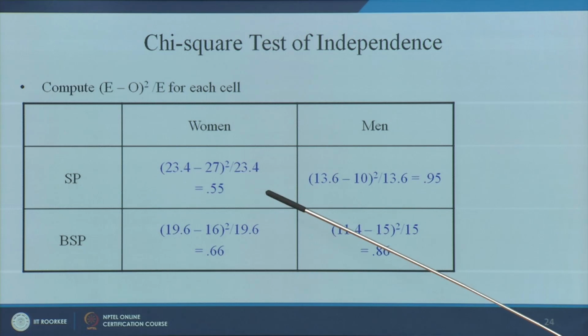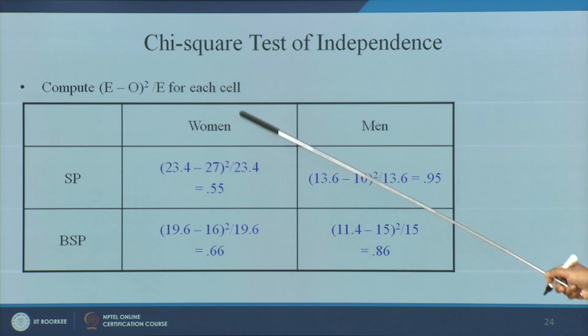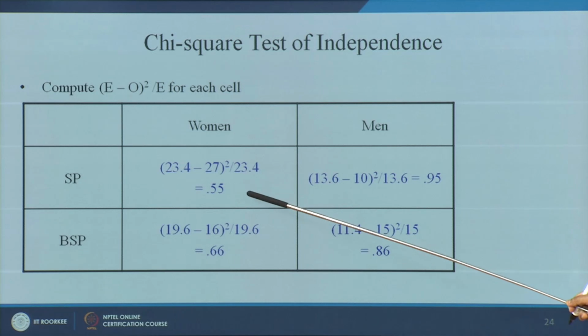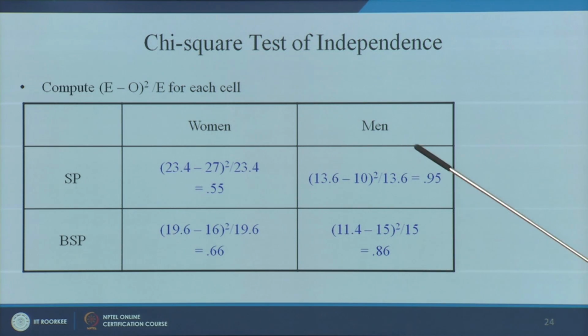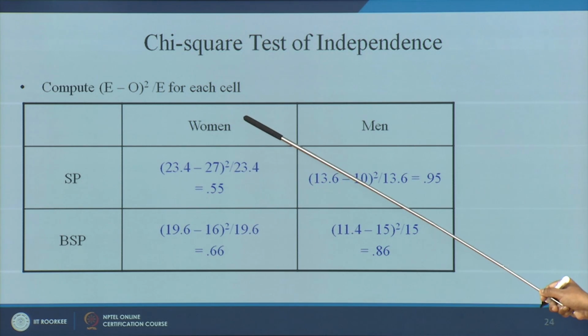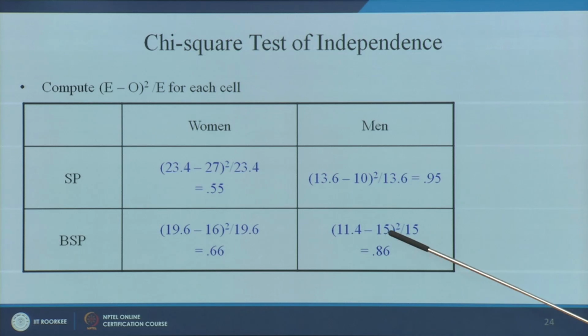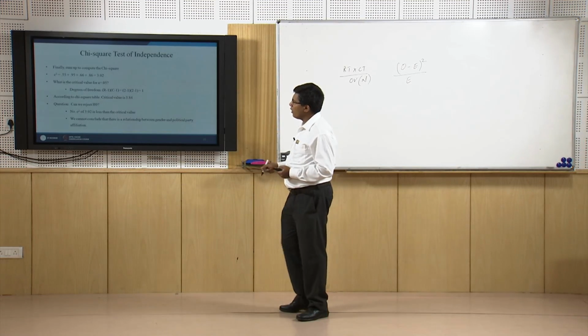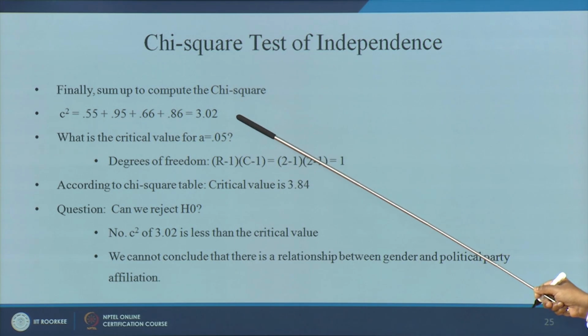So, by doing this we found that in SP, the E minus O squared upon E for women came to 0.55 and for men it came to 0.95. For BSP the woman's chi-square value was 0.66 and this is 0.86. So, the overall chi-square value added up here came to 3.02.